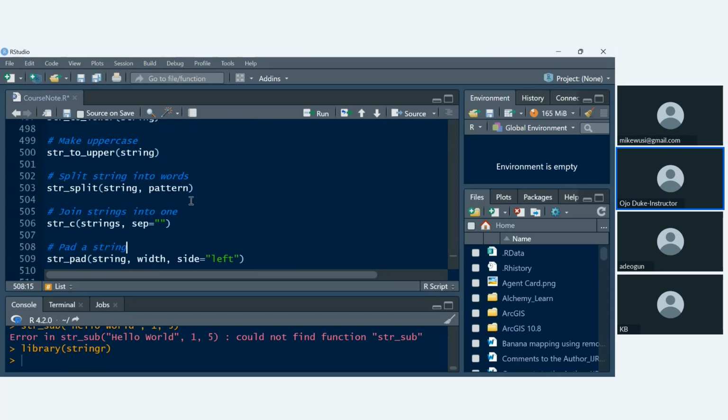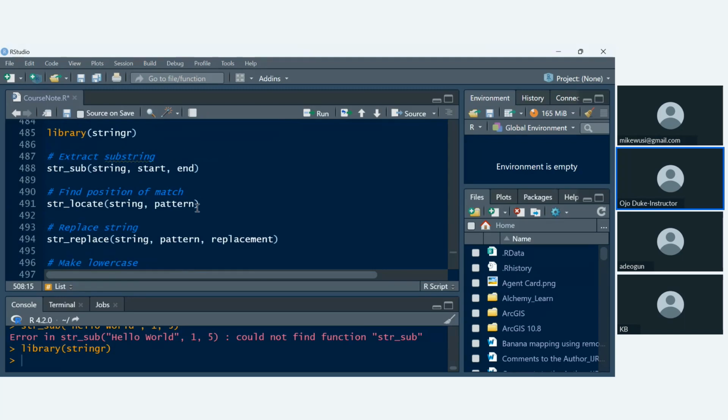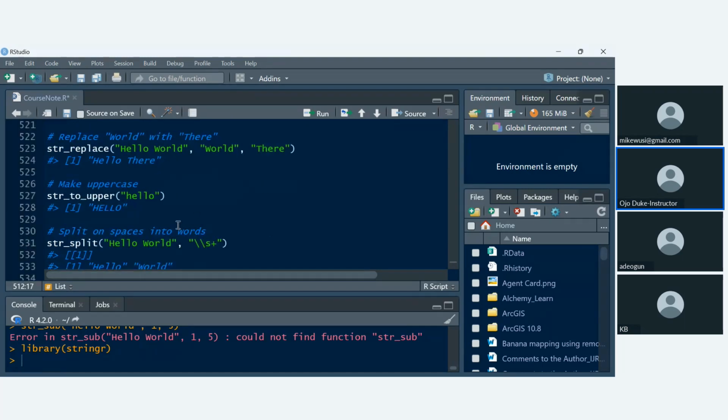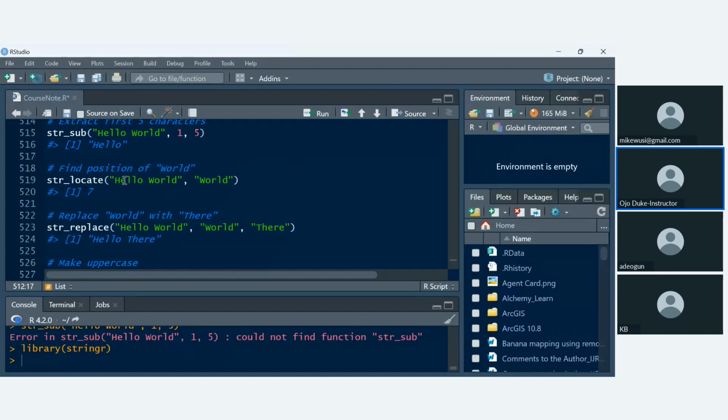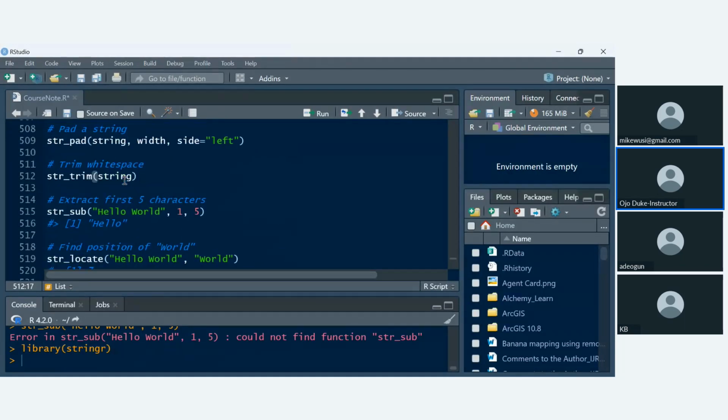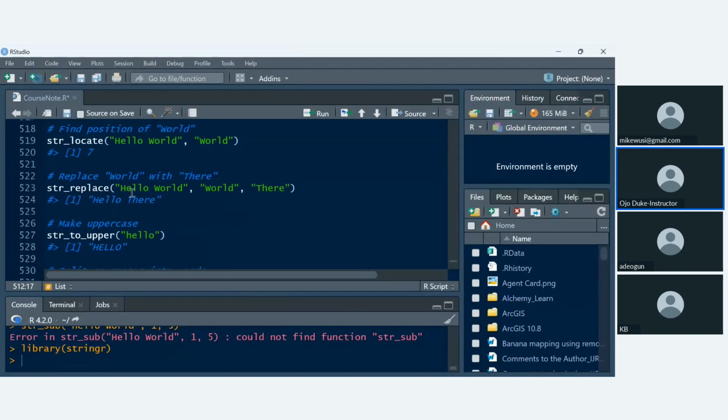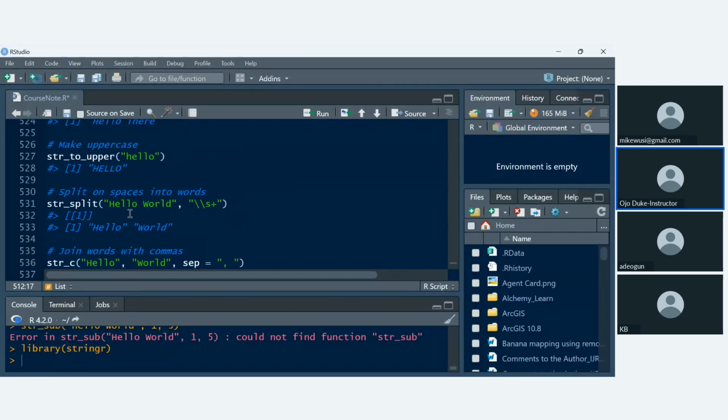Okay, I'm looking for the source string.